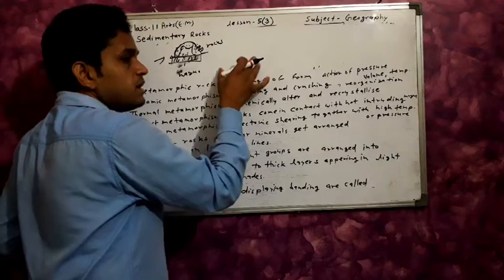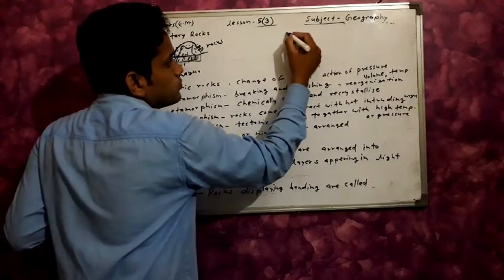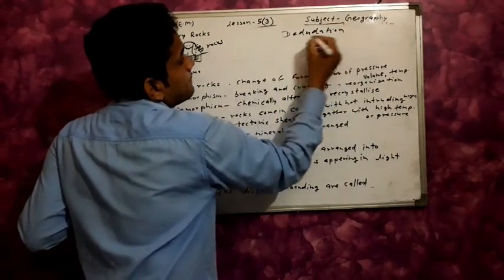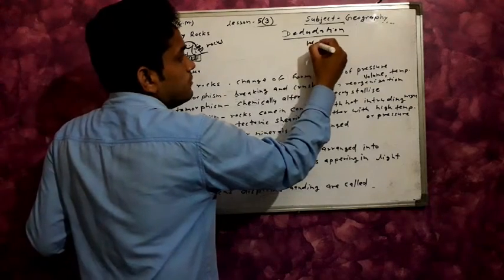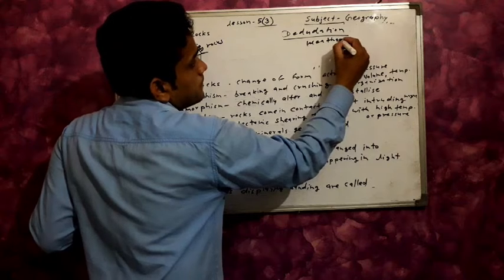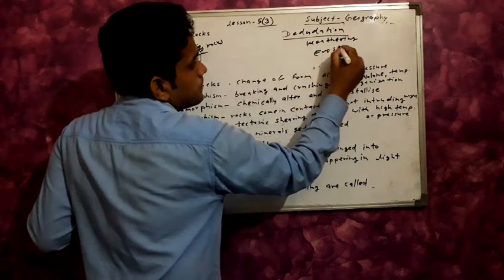So when many types of rocks are on the surface, the process of denudation acts on them. What is denudation? Denudation consists of two processes, weathering and erosion.